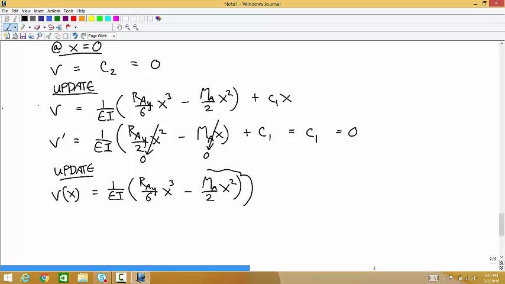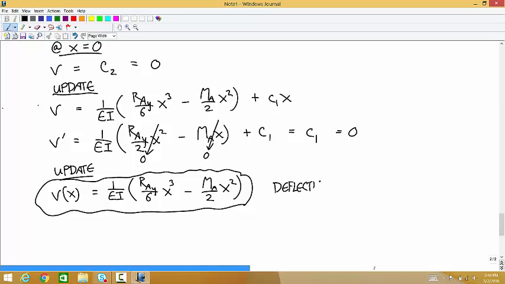So this gives the deflection for the region between 0 and 1. Any questions about that? Okay, so let's just finish this next time.